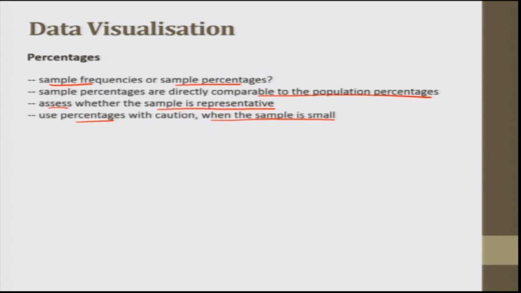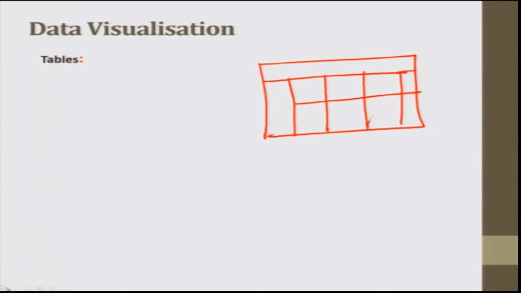Now, percentages can also be used to present the data in the form of a table. For instance, if I put the numbers here, let me put age groups: 12 to 13, then 14 to 15, then 16 to 17.